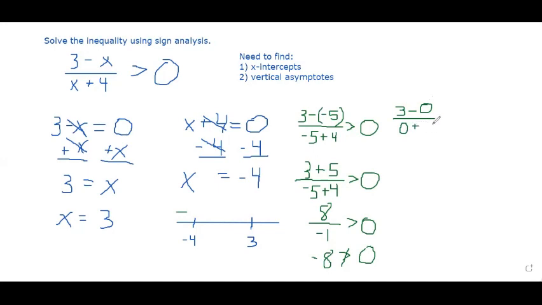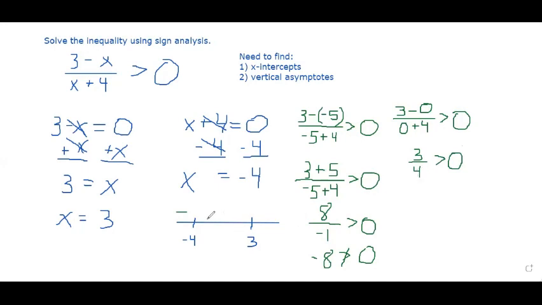So we have 3 minus 0 over 0 plus 4, which is greater than 0. So 3 minus 0 is 3. 0 plus 4 is 4, and that is greater than 0. So now we have to ask ourselves, is 3/4 greater than 0?